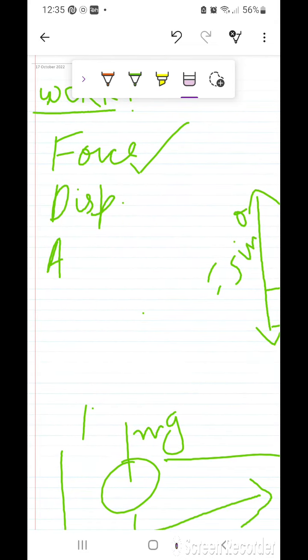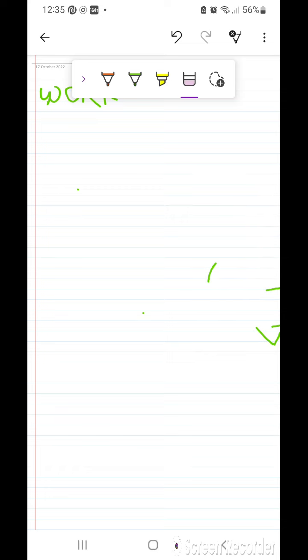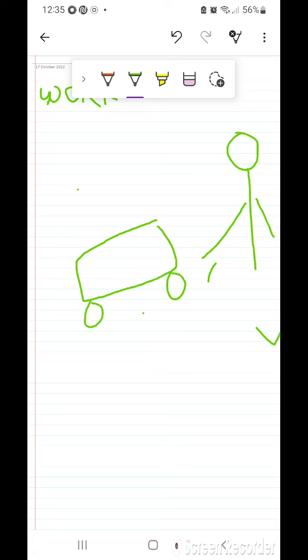Let us take one more example of this, because this is a tricky part. Most of the time we don't understand what the angle is. Suppose you have a trolley and you are exerting a force on it, and it is moving in this direction, and this is the force.